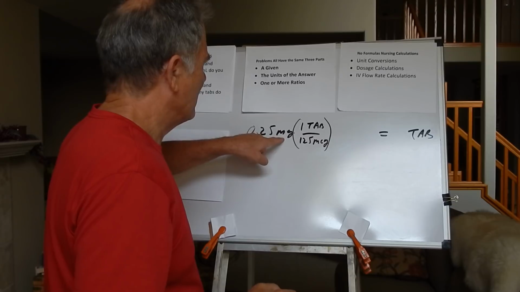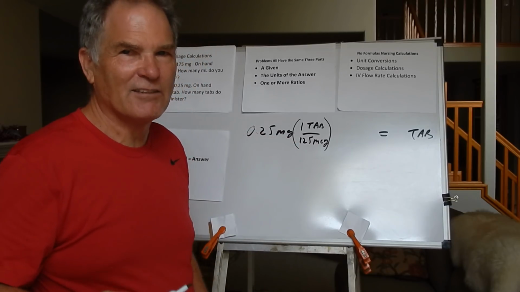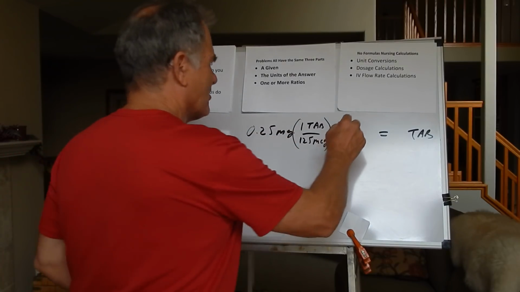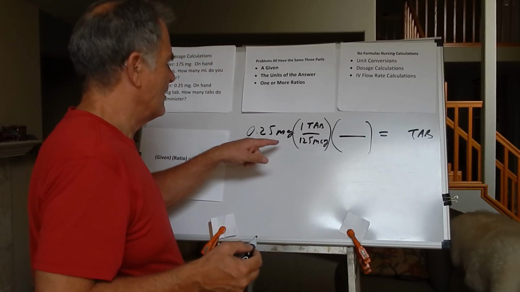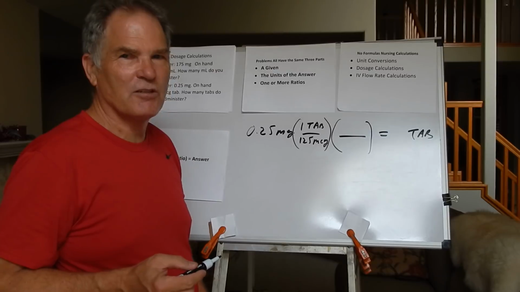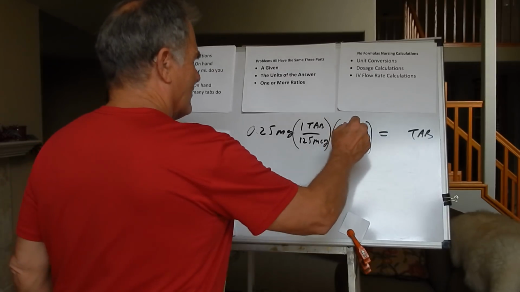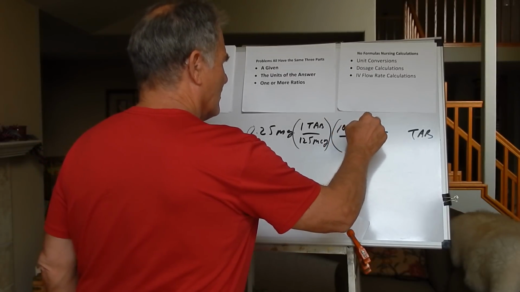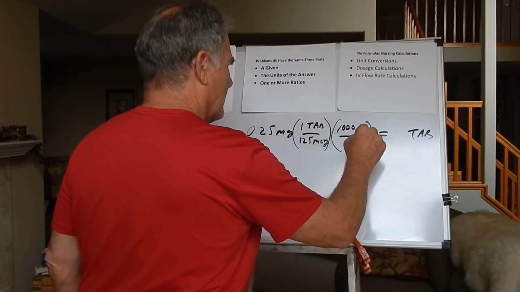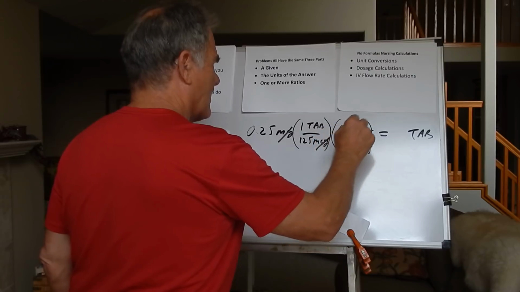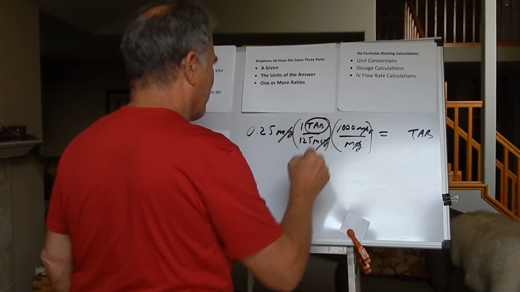So, milligram and microgram don't cancel, but that's not a problem because all you have to do is throw in another ratio of milligrams to micrograms so that they cancel out. And of course there's 1,000 microgram per milligram. So now these all cancel out and you're left with tab.